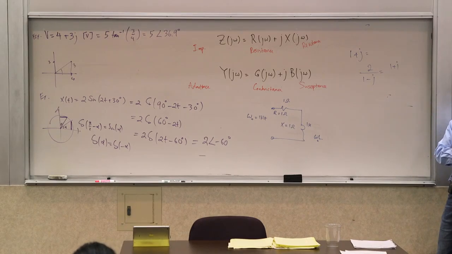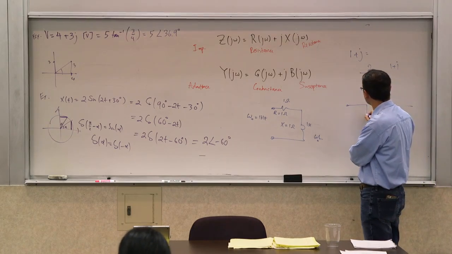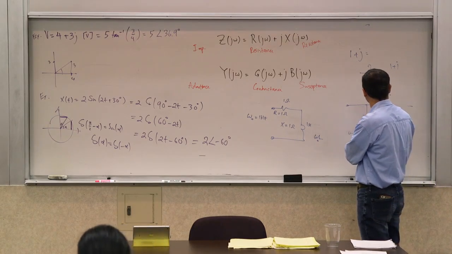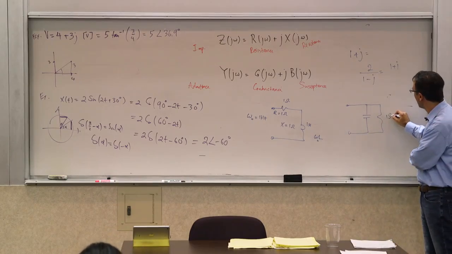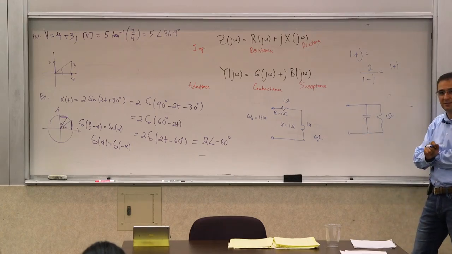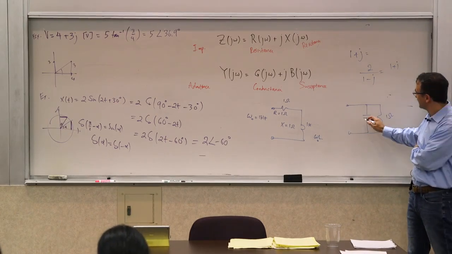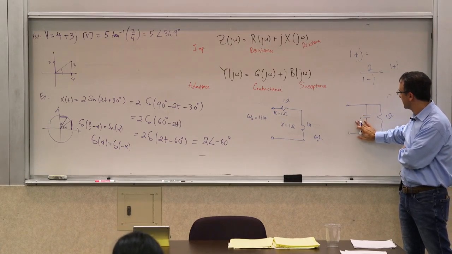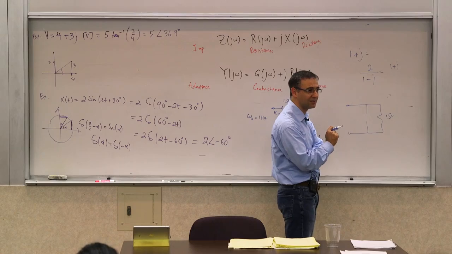But can I? Is it possible for me to write this as an admittance like that? So this is going to be 1 ohm. And what is this going to be? Okay, so I could make it an inductor or a capacitor, right?